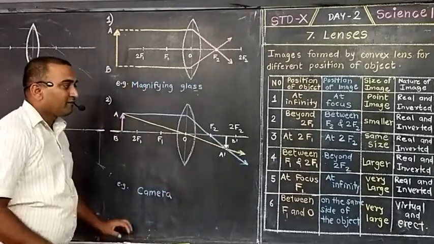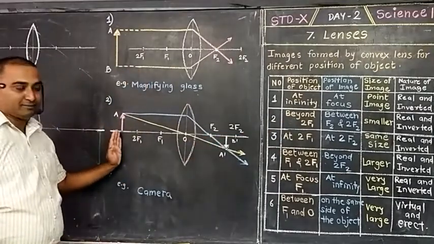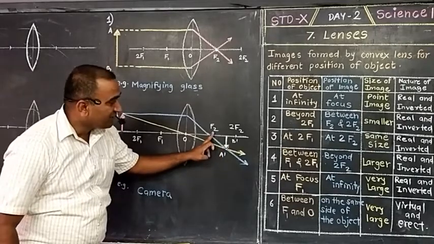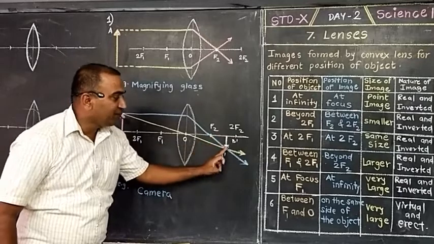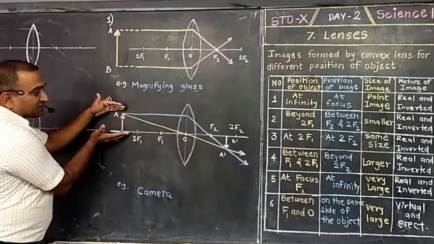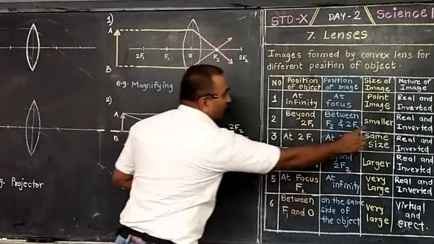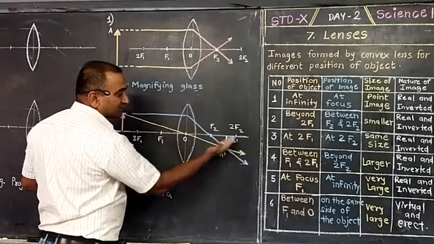So see, where is the position? The position of the object is beyond 2F1. Then where is the image we are getting? We are getting the image in between F2 and 2F2. The object is a little larger, but the image is a little smaller, so we get a smaller image. Again we are getting it on the real side, towards the right side.